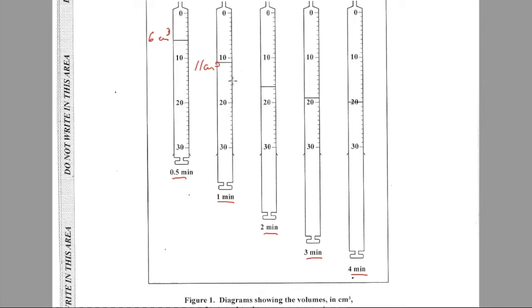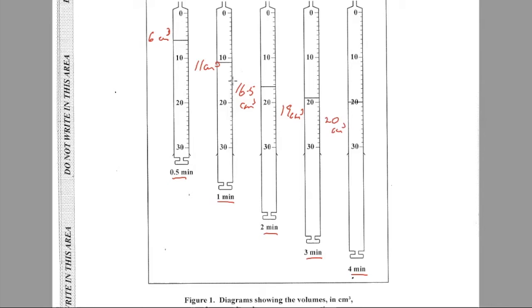And at minute 2, this is 11, 12, 13, 14, 15, 16, so 16.5 cm³. At minute 3, this is 19 cm³. At minute 4, the last one, sitting exactly in the middle of 20, so this is 20 cm³.